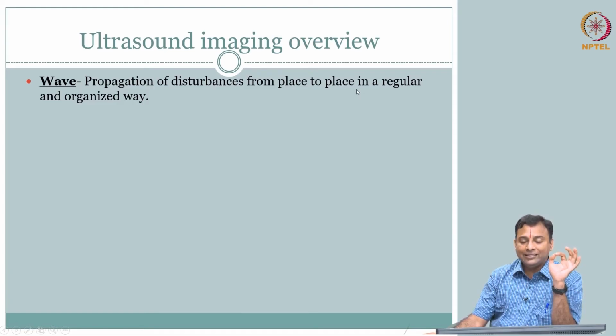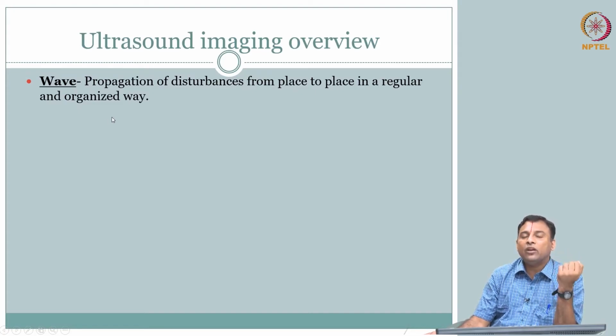The real nicety about the wave described here is that it is in a regular and organized way. Even though it is a disturbance, and disturbance is usually used with a negative connotation, something disorderly, the beauty about the sound wave that we are describing right now is that this disturbance actually travels from place to place in a regular and organized way.